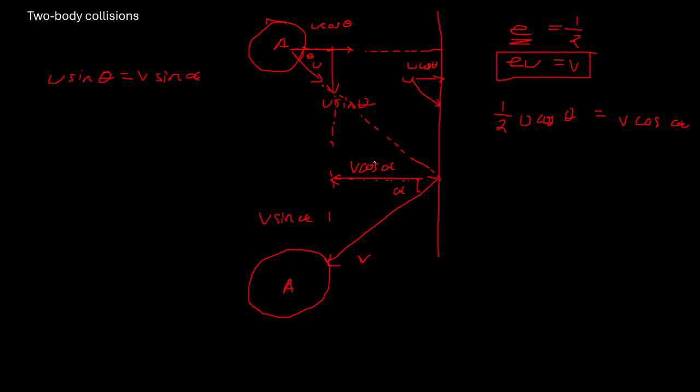So in this sense, you would get u cos theta equals 2v cos alpha. From here on, you could go on and solve the entire thing, but that's a bit lengthy, and there are a lot of identities to do. What really matters is that you understand the fundamental concept.